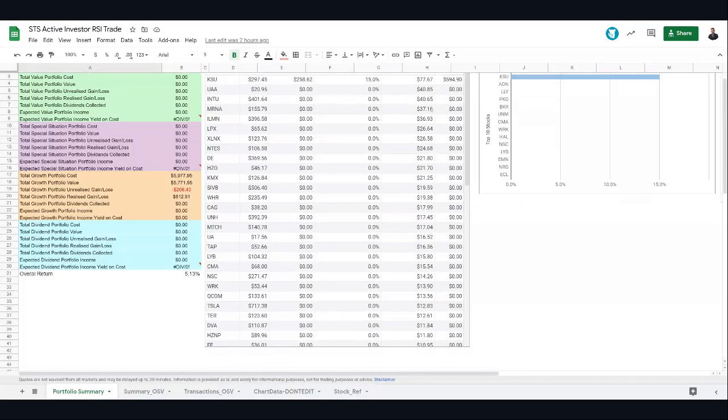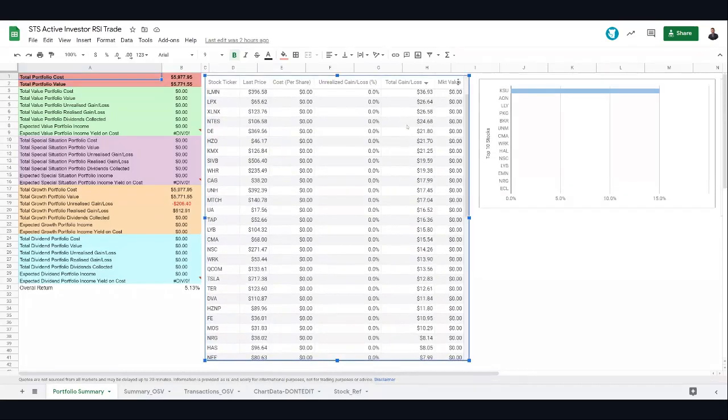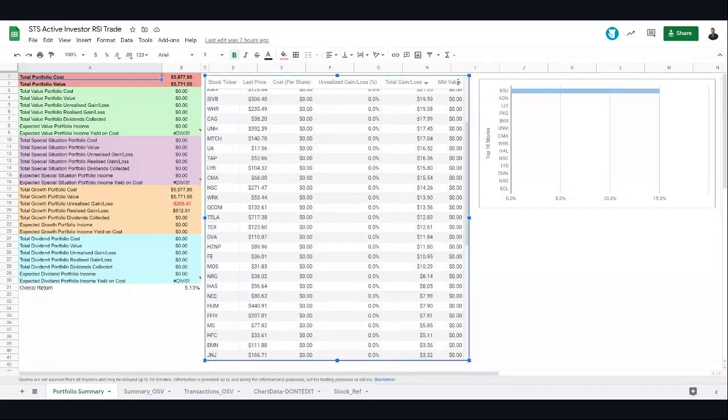And you can see here that the overall gain so far, including the unrealized gains since March, is over 5%, which is pretty darn good in a month and a half.